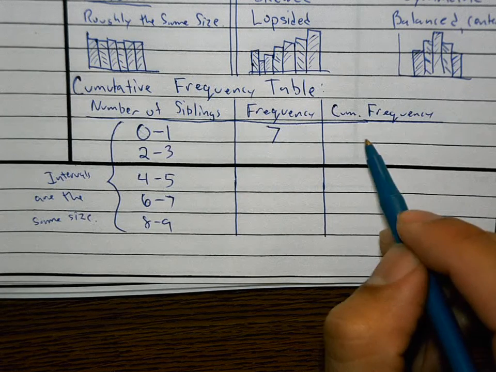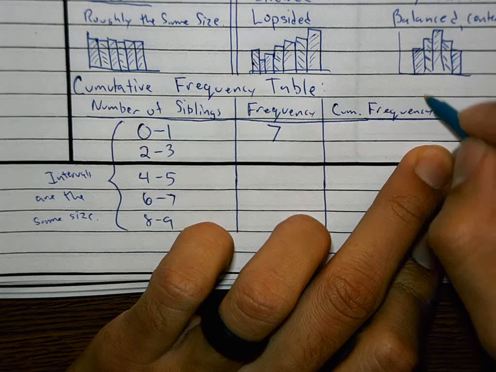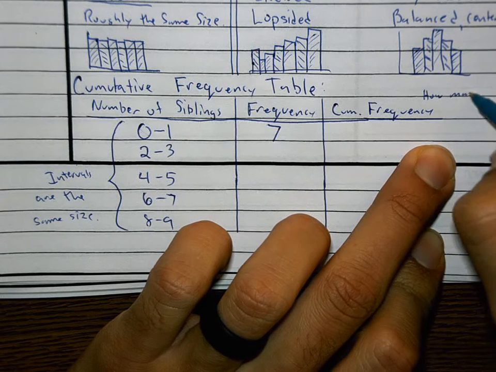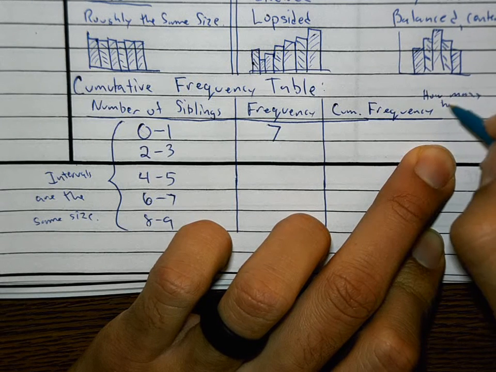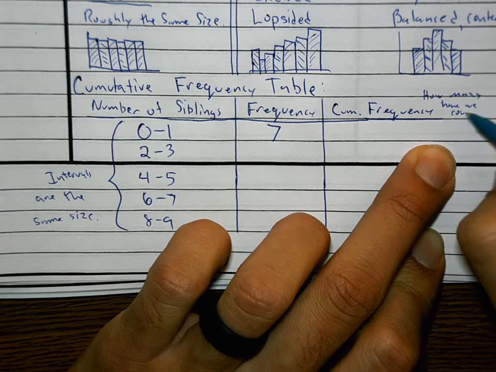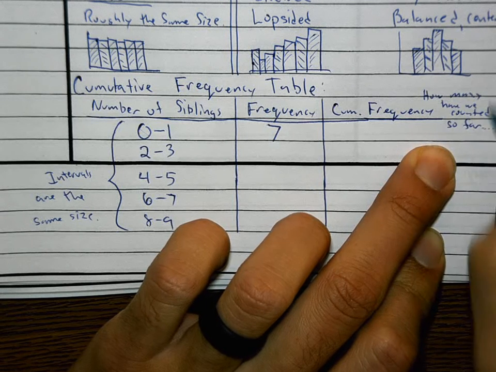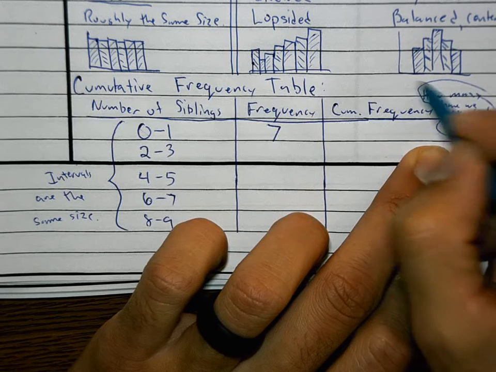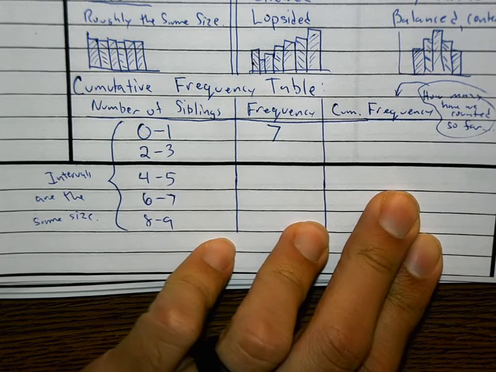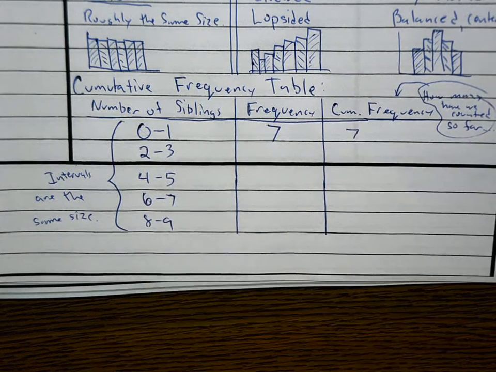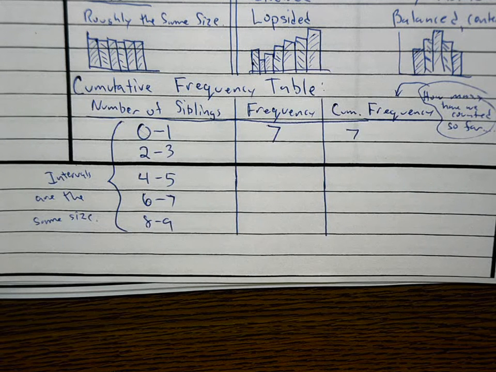That's what this last category means. We've counted 7 so far. Or what's the total amount that we've counted so far?